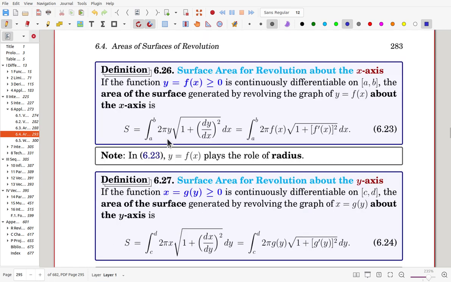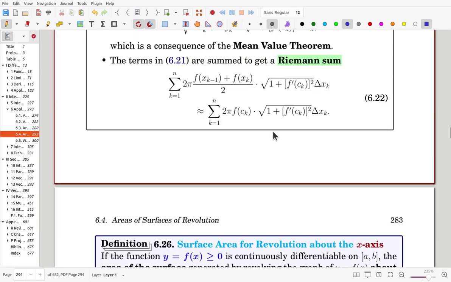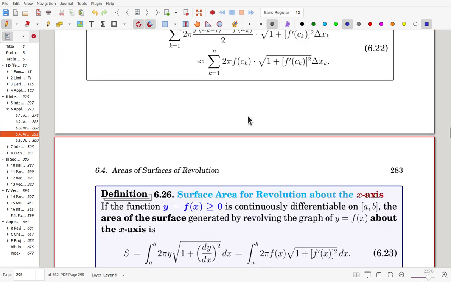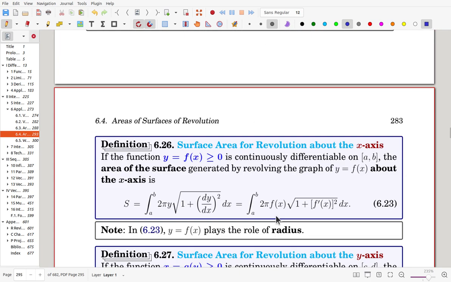2 pi y, and it is rotated about the x-axis, so the radius must be y. And here y equals f of x in the integration, so you can write down here, rather than y, f of x.